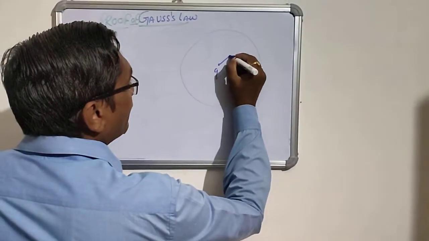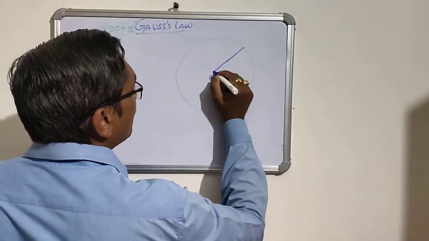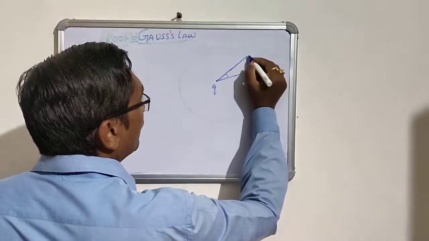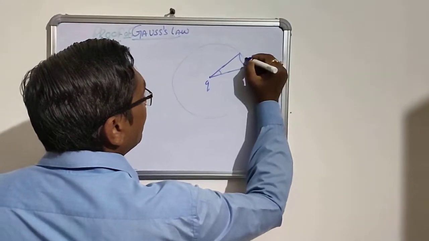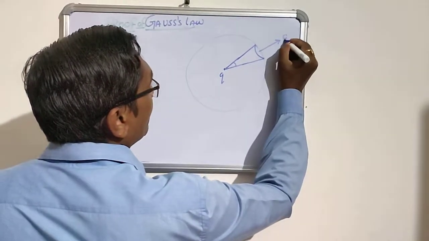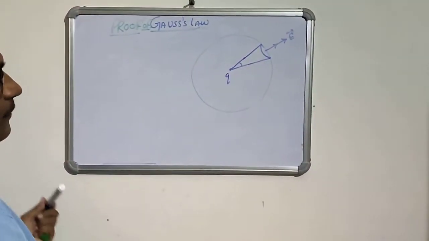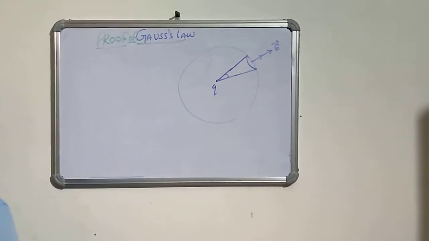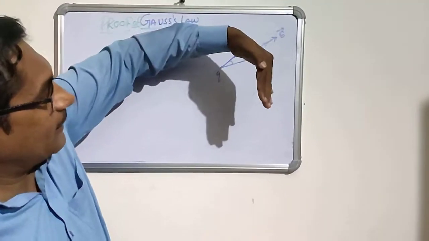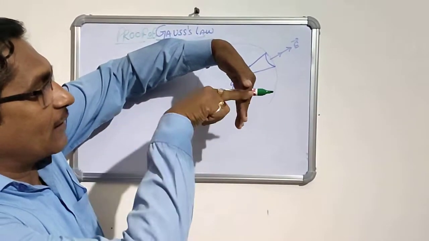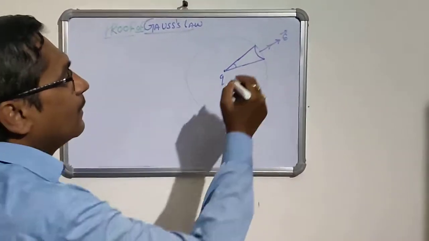Electric field lines, in this small portion just like a cone, pass perpendicular to the surface, and the area vector is also acting in this direction. Suppose this is a closed surface like this, the electric field lines are in this direction, and the normal dA vector is also acting in this direction.